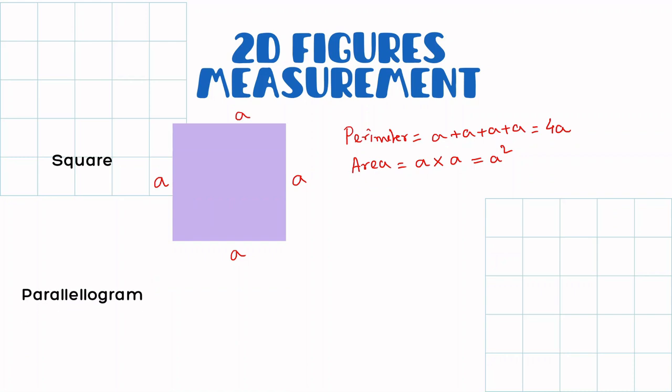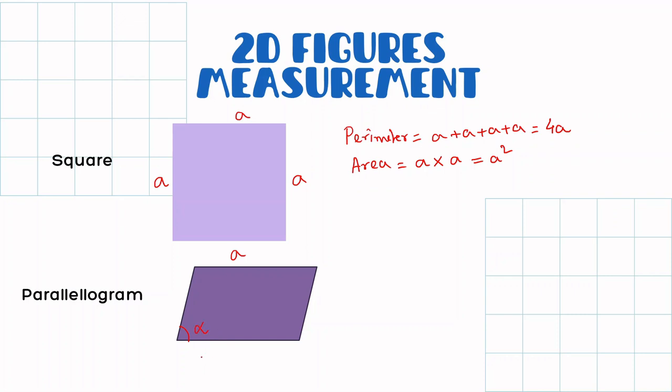Now let's take another example, that of a parallelogram. In a parallelogram, the angle between two adjacent sides is not always 90 degrees. It may be of any angle alpha.